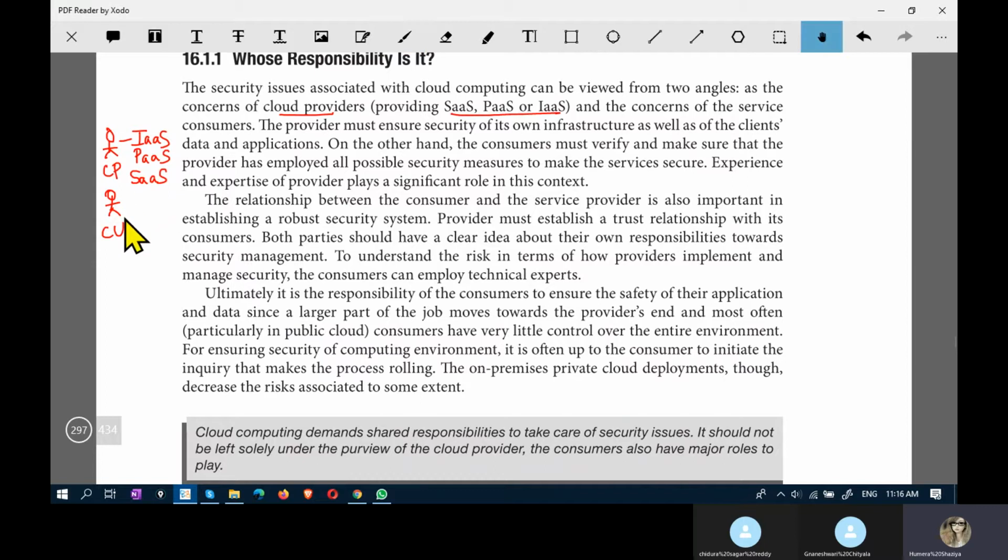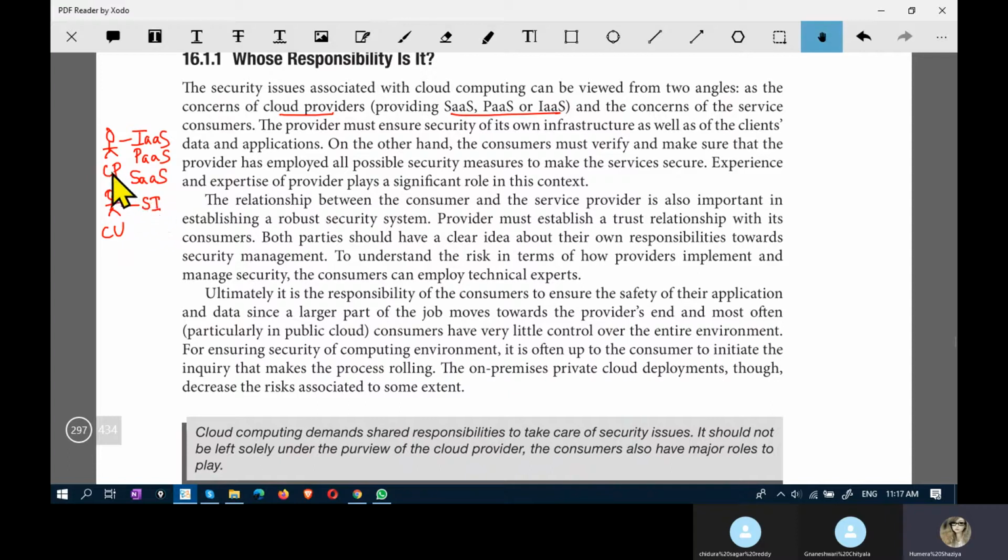And what is this cloud user's concern? A cloud user might store sensitive information in the cloud. So the cloud user does not want anyone to have access to this. Even the cloud provider should not know what is there in that.